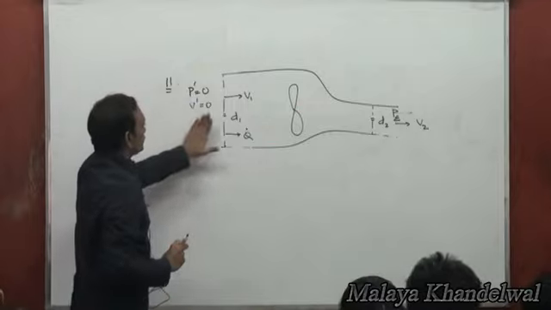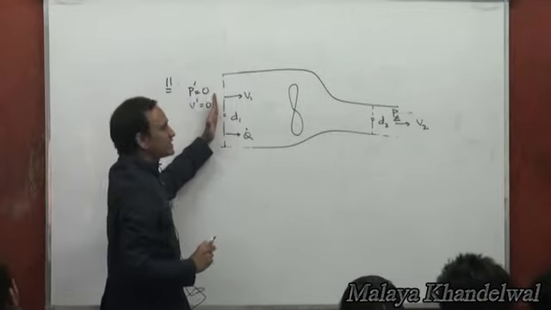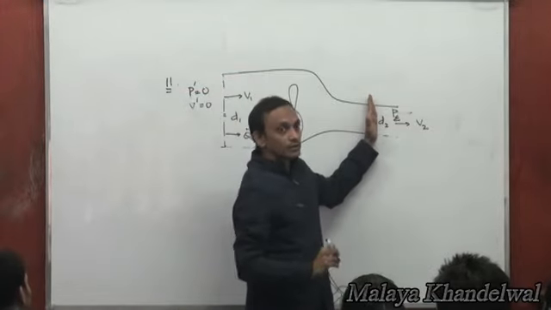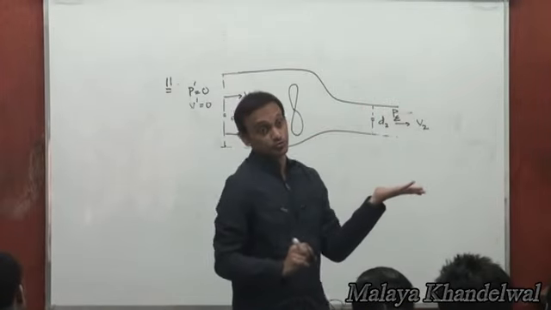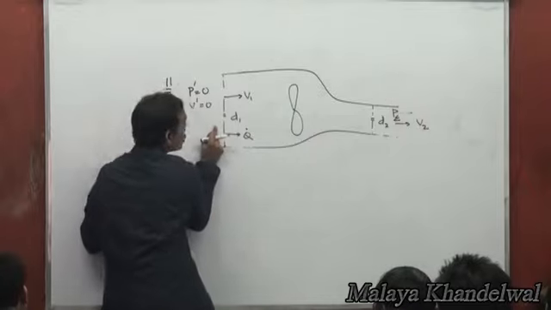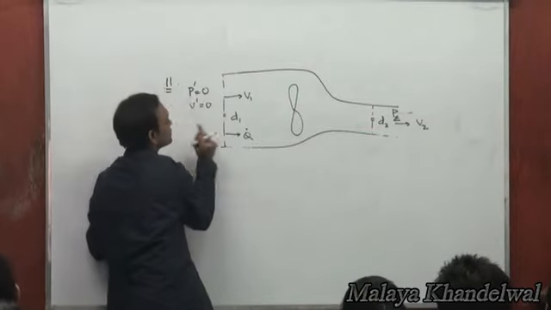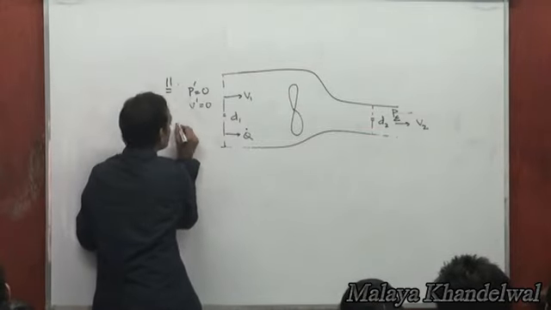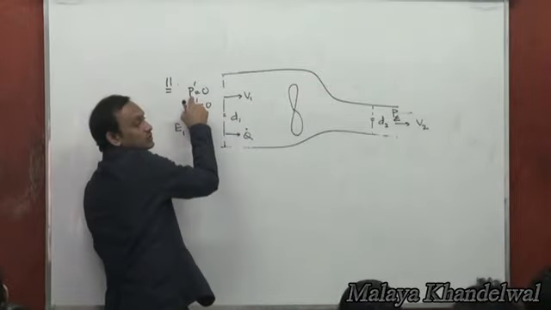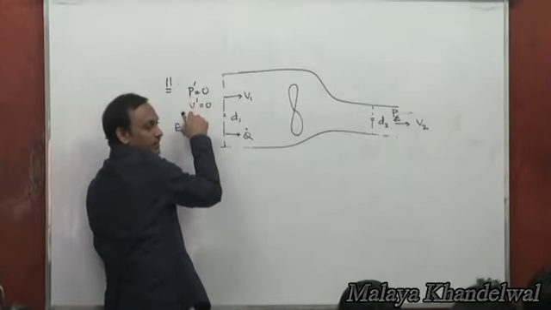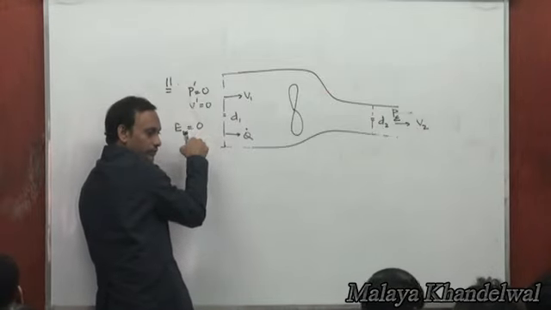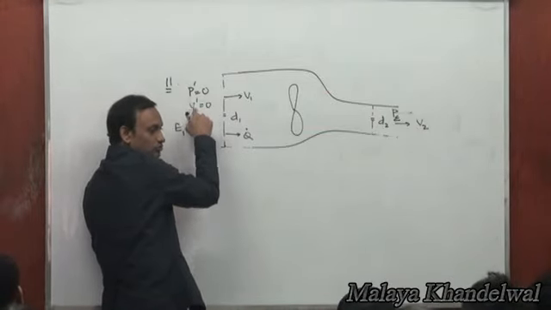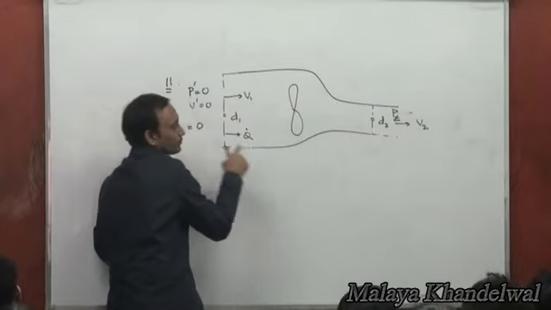After all, the energy change that takes place from here to there must be the energy provided by the blower. So energy just before entering the inlet duct, E1, is P prime by rho g plus V prime squared by 2g plus z, that's 0, because P is 0, V is 0, so E1 is 0.